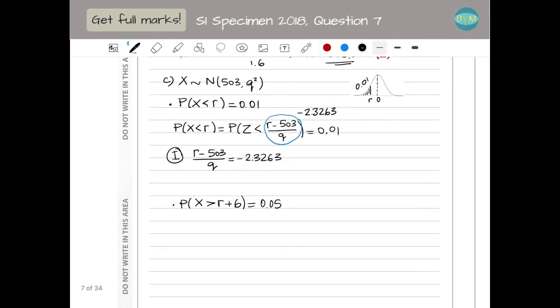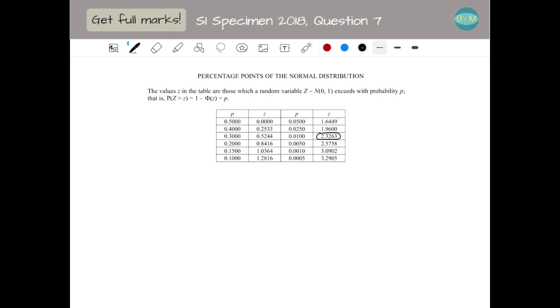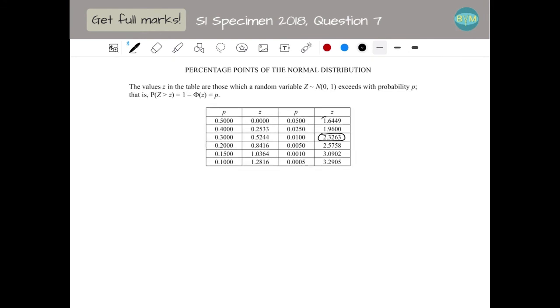And with the other line that I have, the probability of x being greater than r plus 6 is going to be 1 minus, because when I have greater, I have to translate into smaller, the probability of z being smaller than (r plus 6 minus 503), I'm just making it standard, divided by q, equals 0.05. Again, this is a value that is on the table. You can find it: 0.05 is 1.6449.